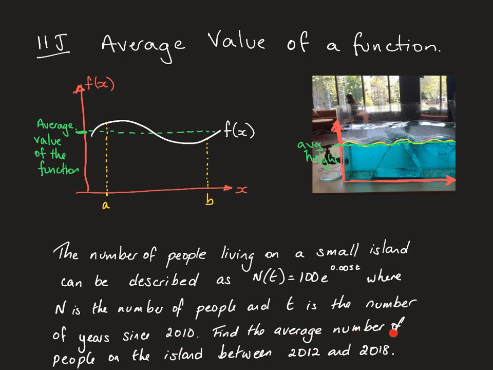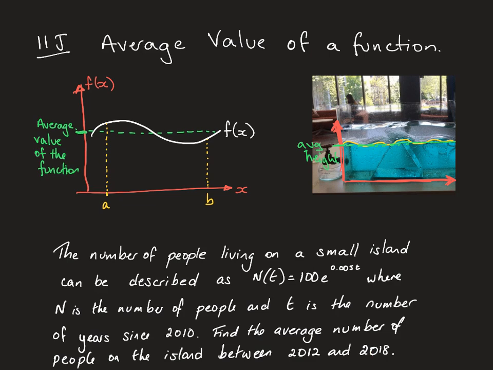Find the average number of people on the island between 2012 and 2018. Now it starts to make a little bit of sense. This function is measuring some kind of property of the number of people on the island, and we want to know what is the average value.